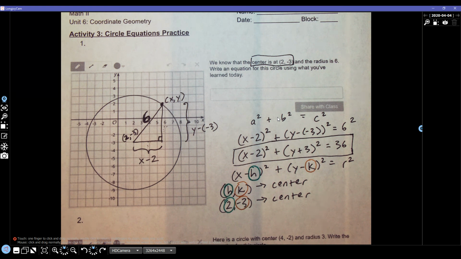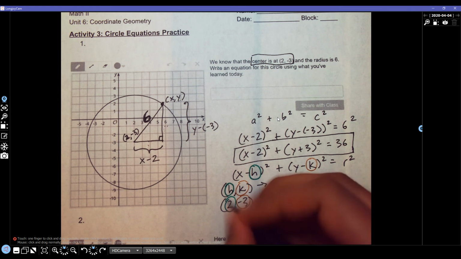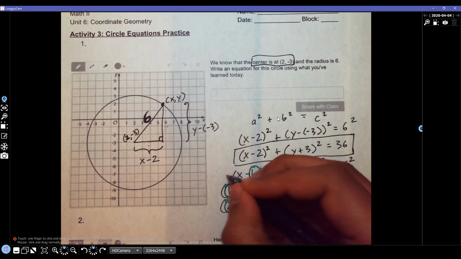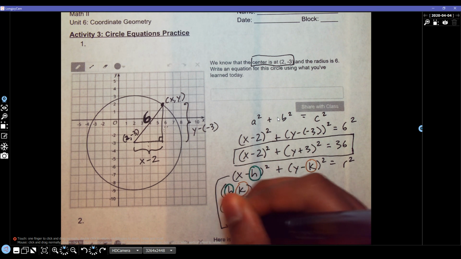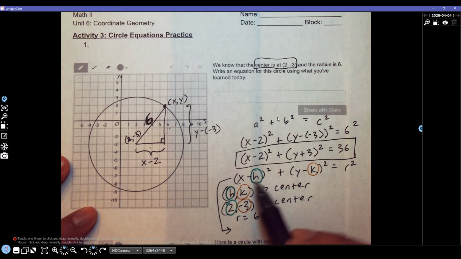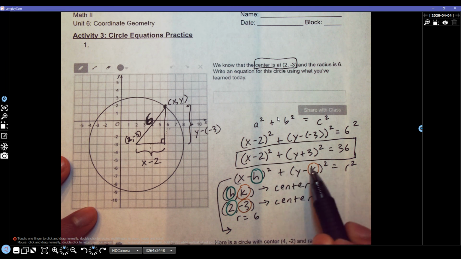All right, and then I'll write down here that r equals 6. So another way, actually an easier way to do this, is when you're given your center and your radius, you can just plug it in directly into this equation, which we found in our last activity.